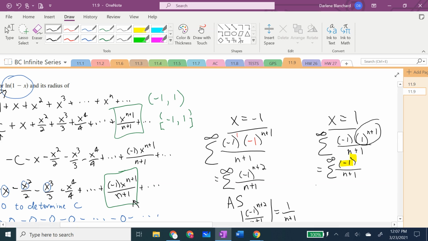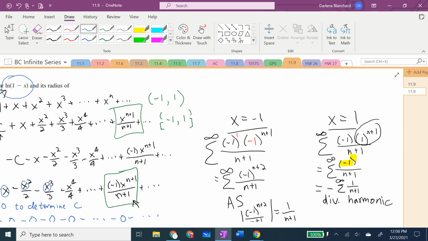And so it's not an alternating series. In fact, if I bring that negative sign outside of sigma, I can see more clearly that I have a harmonic series, and it diverges. And you are allowed to say diverge by harmonic series. So you just got to see that when you integrated this, you ended up gaining an endpoint. Not both of them, but you gained an endpoint in the interval of convergence.